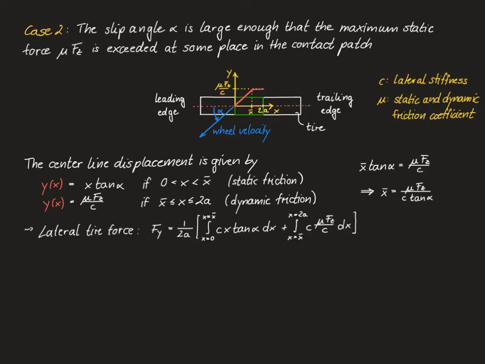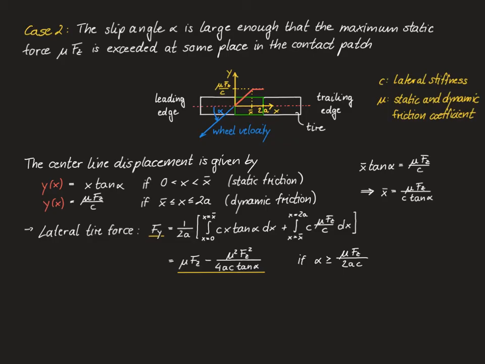Now computing the lateral tire force in this case, the integral over the center line of the contact patch splits up into two integrals, one going from x equals 0 to x bar and including the first y of x, and the second integral going from x equal to x bar to 2a with the second y of x.